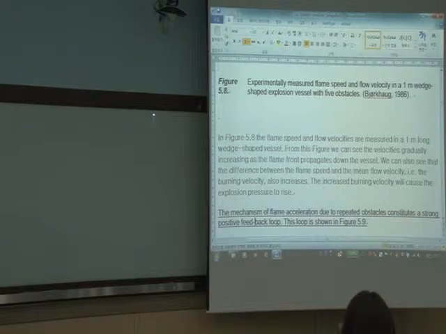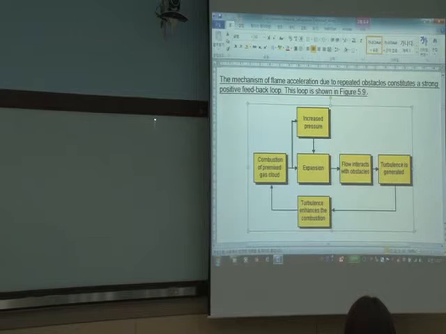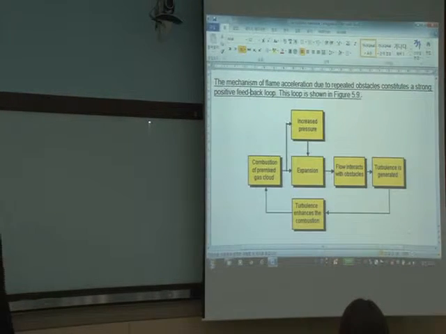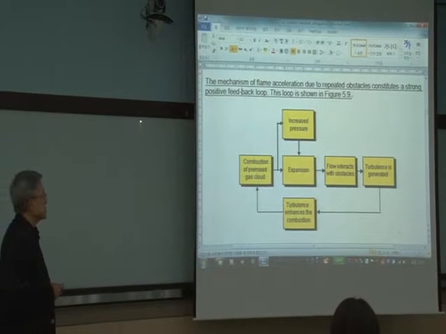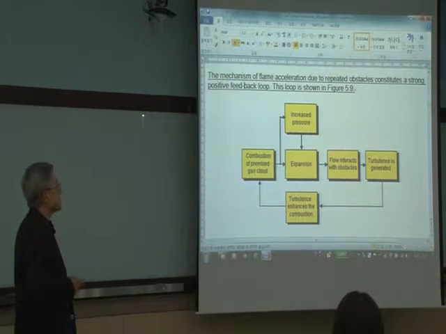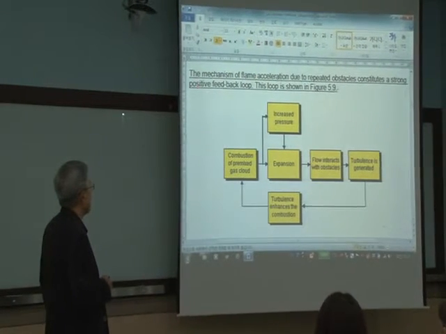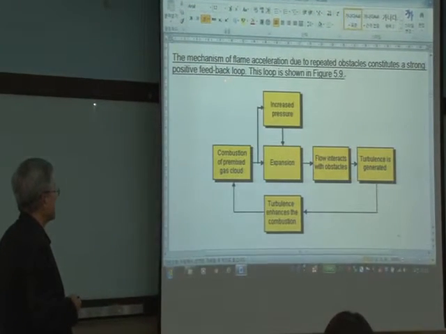Okay, so this is the mechanism of flame acceleration due to the repeated obstacle, which constitutes a strong positive feedback loop.